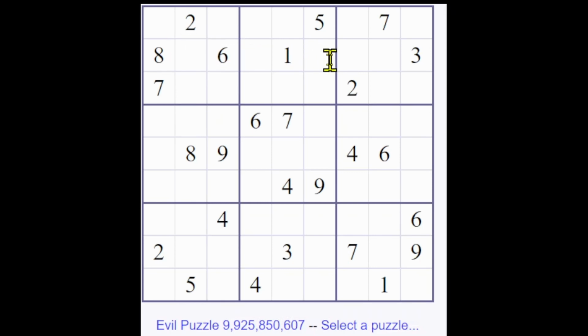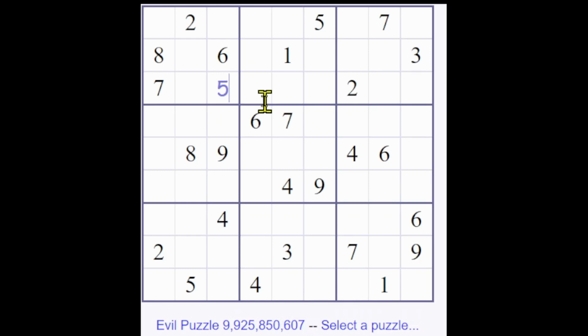And then because of the 5 up here, one of these cells will have to be a 5. So since we now have a ghost 5 here and we have a 5 in the top row, we need to find a 5 for row 3. And as said before, this 5 will force the 5 to go here.